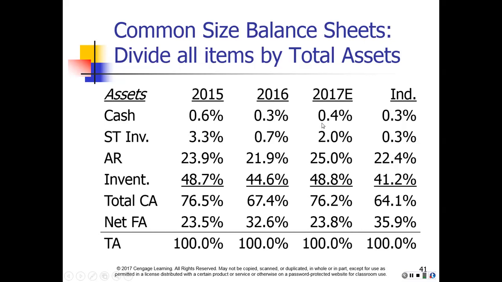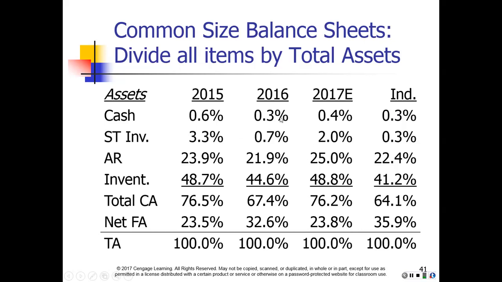So that's how we get that number. For accounts receivable, it is 878,000. So we do 878 divided by 3.517. We get 0.2496, or around 25%. So that's how we get this 25%.